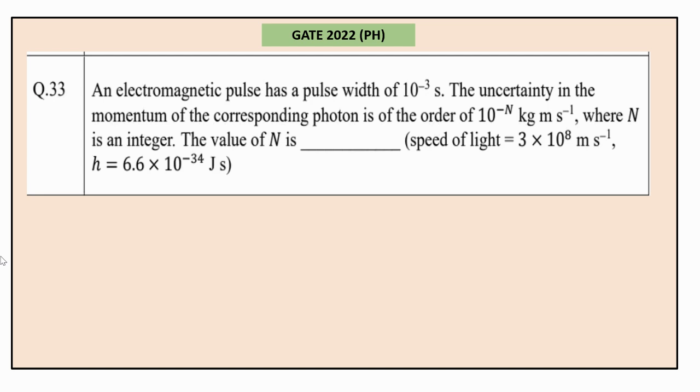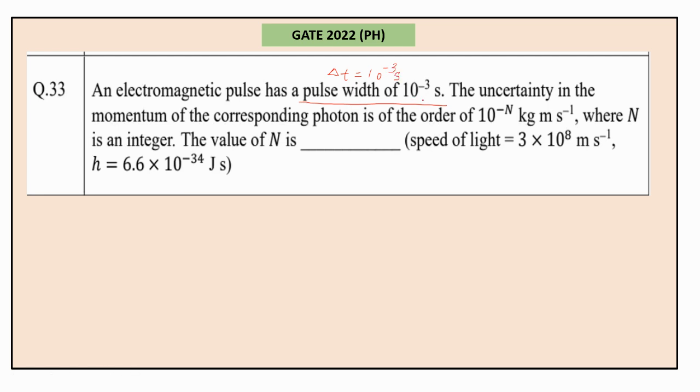Okay. So, welcome everyone to the class. I'll read this question. This is from GATE 2022. In this question, it is given that an electromagnetic pulse has a pulse width of 10 raised to the power minus 3 second.